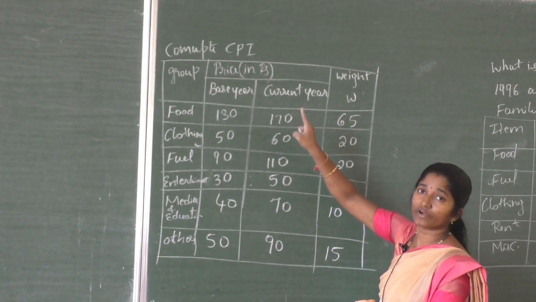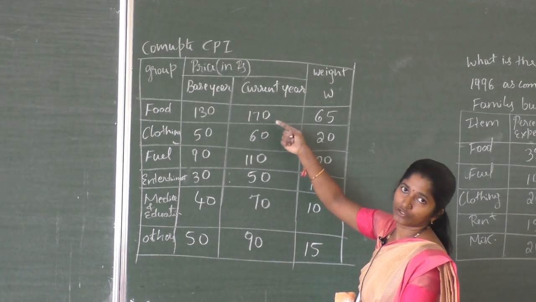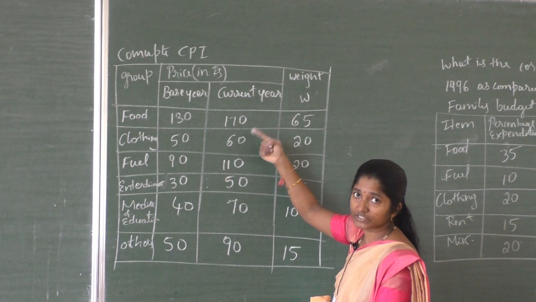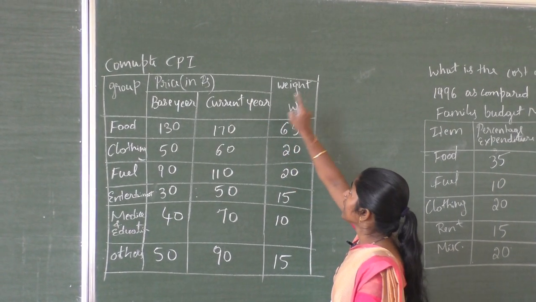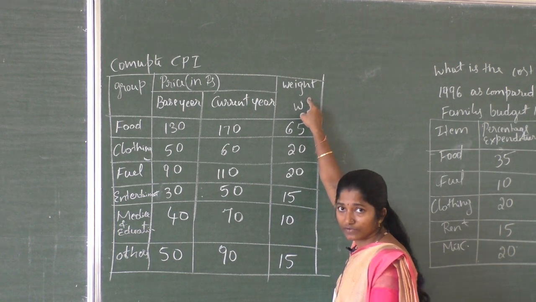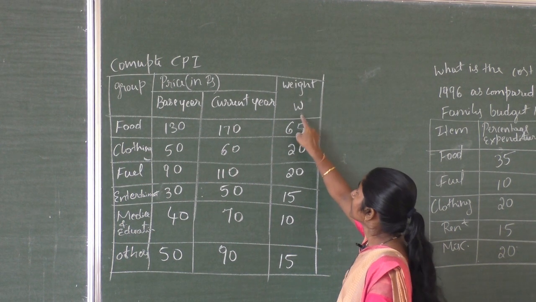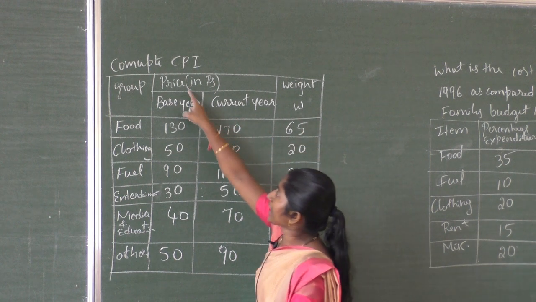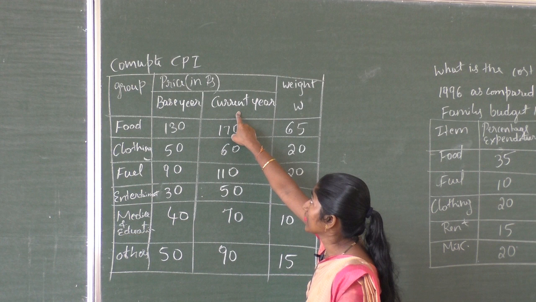But here nothing like that is given. If aggregative is given, you do the aggregative method, but here only weight is given, so you take W only, with the price in the base year and the price in the current year.